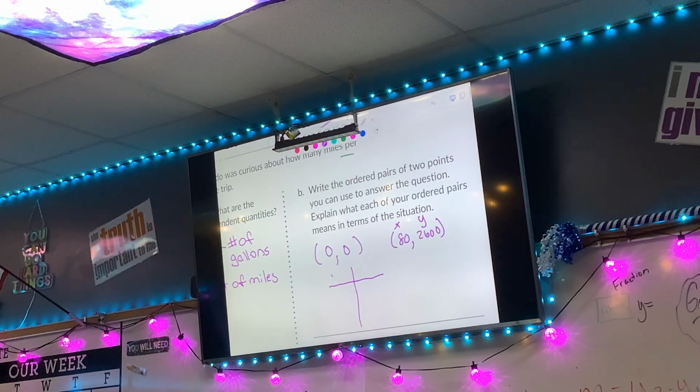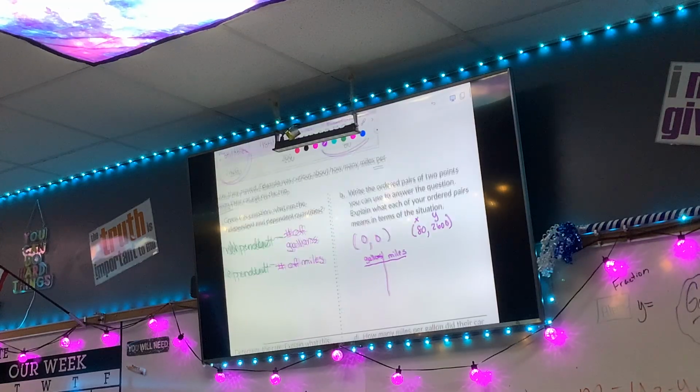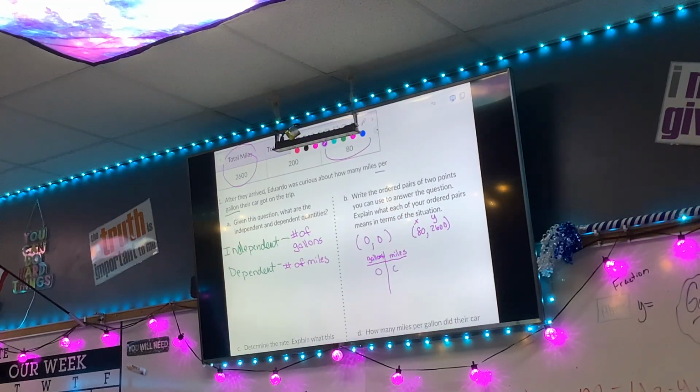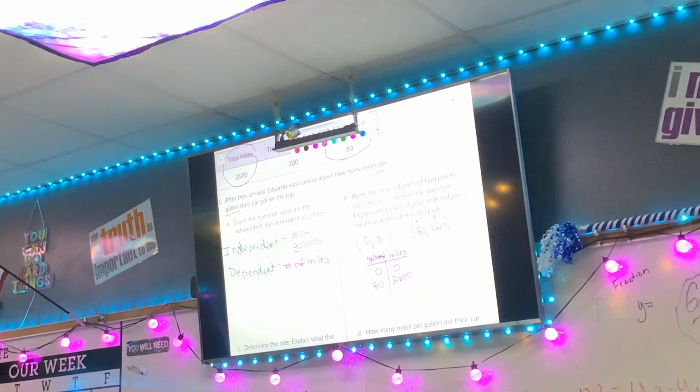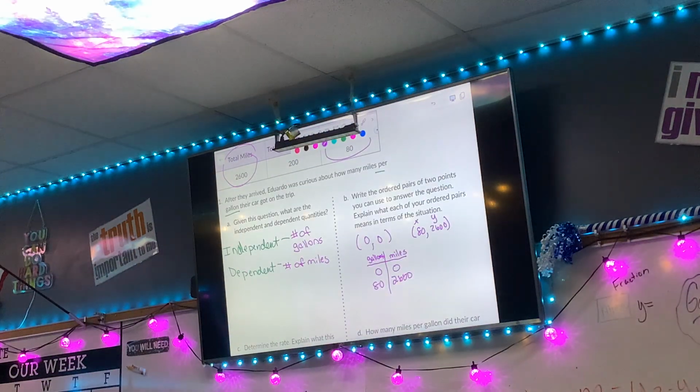I know this is gallons, and this is miles. And I am now just going to rewrite those in table form. This is what you'll want to do on your work on Friday. Do you see how easy that is to put in table form? We'll actually do the rest of them in table form instead of writing an ordered pair then a table.